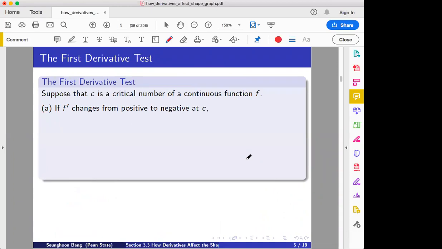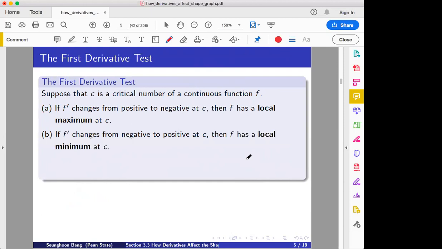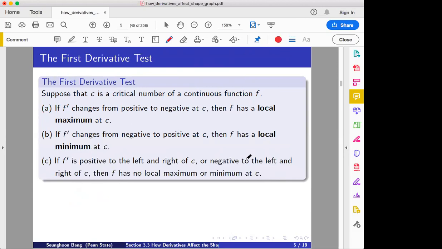If f prime changes from positive to negative at C, f has a local maximum at C. If f prime changes from negative to positive at C, f has a local minimum at C. If f prime is positive to the left and right of C, or negative to the left and right of C, f has no local maximum or minimum at C.